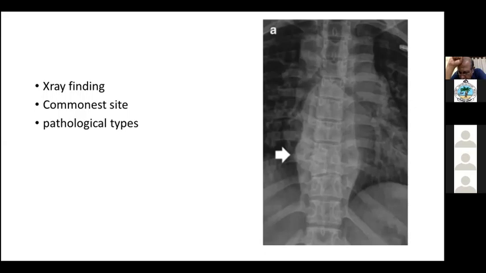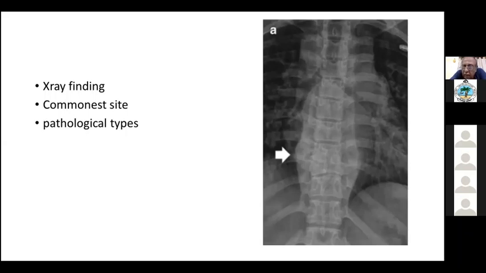Posterior. Complex tuberculosis, 4. Anterior type of tuberculosis. And the fifth one is, which is the fifth one? It is true tuberculous arthritis of the synovial joints of the spine.